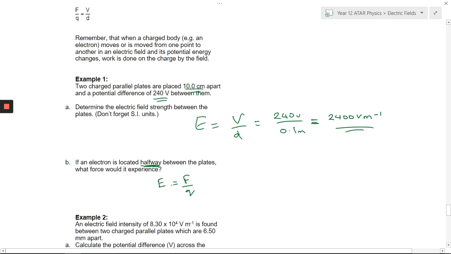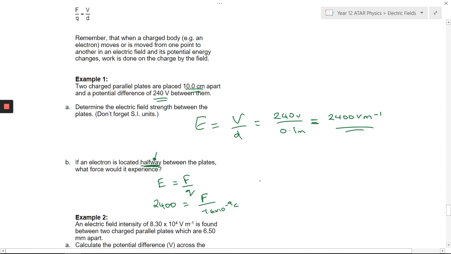Now, I already know what that is, so that 2,400 is equal to the force that this electron would feel divided by the charge that it has, which is negative 1.6 times 10 to the minus 9 coulombs. Now, I actually don't know what to do with this halfway section. I don't know how that is relevant.